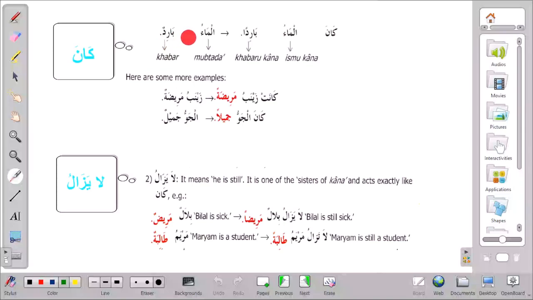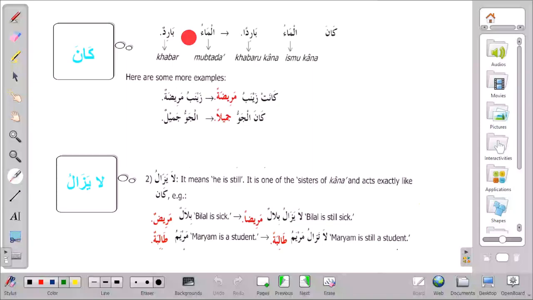Most of the time we even see in the Quran, وَكَانَ اللَّهُ عَزِيزًا حَكِيمًا. You see, وَكَانَ اللَّهُ, the noun that comes after kana is marfu, Allahu. And then the khabar, the information, azizan, is always mansub. I hope that is clear.